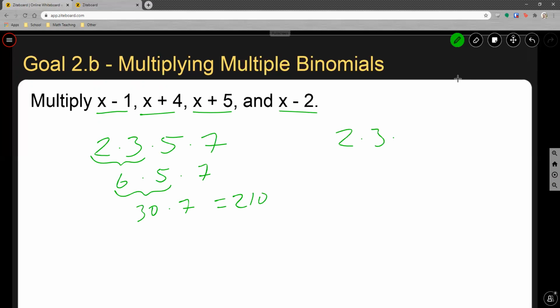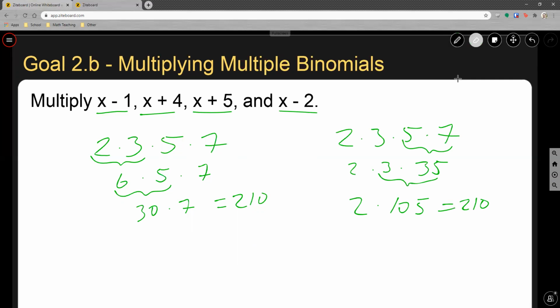Or I could start on the far right, and I could multiply, and I can keep on multiplying on the right. And 2 times 105 is still 210. So the nice thing about multiplication is I can multiply in any order I want. I could do 3 times 7 times 2 times 5, and that would still work out to 210.